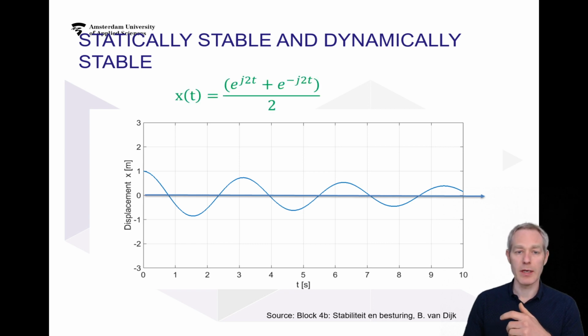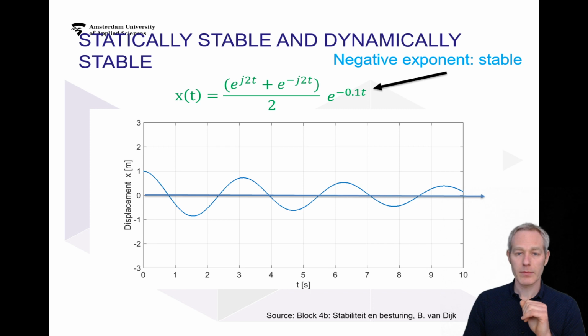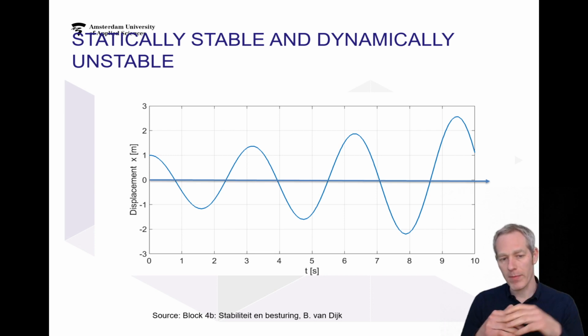For example, if we take again some sinusoidal part where we see the two complex exponentials, but we also now see a real exponential with exponent minus 0.1 t. So it's not very big, but it is negative, which means that the oscillations will slowly dampen out. And with a negative exponent, we will see a dynamically stable system.